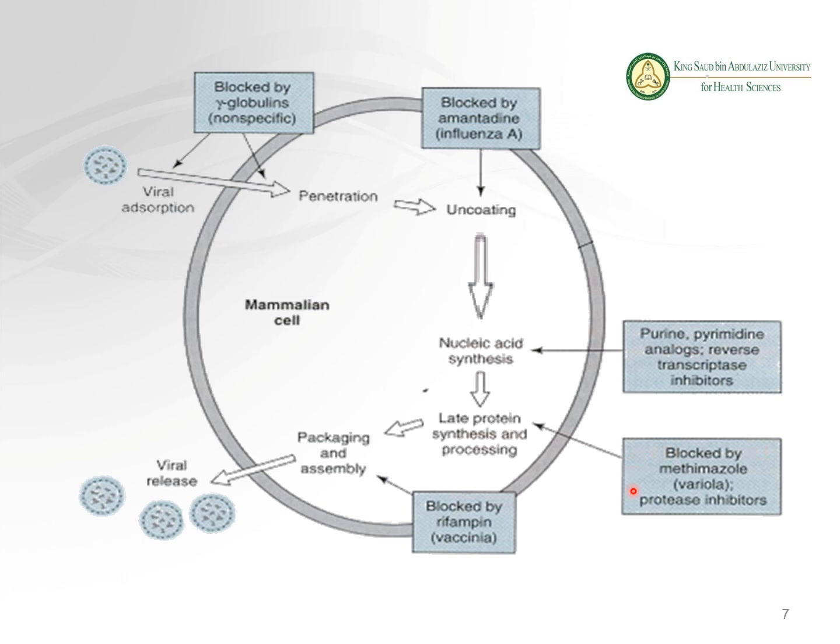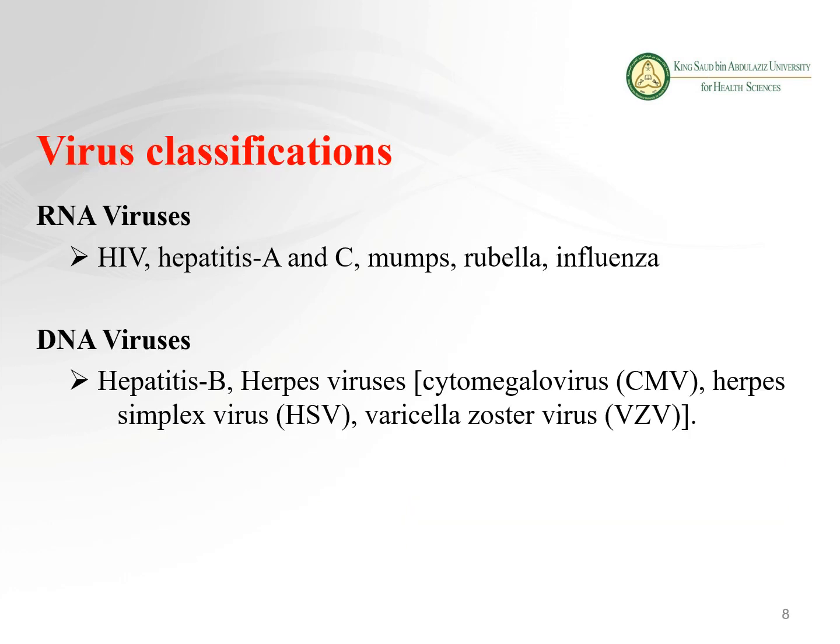Similarly, methisazone also inhibits proteases of the viruses, and rifampicin or rifampin blocks the packaging and assembly of the viruses, and then inhibits the release, so as to prevent the infection of other cells by the viruses. In this lecture we will be discussing these types of antiviral drugs.